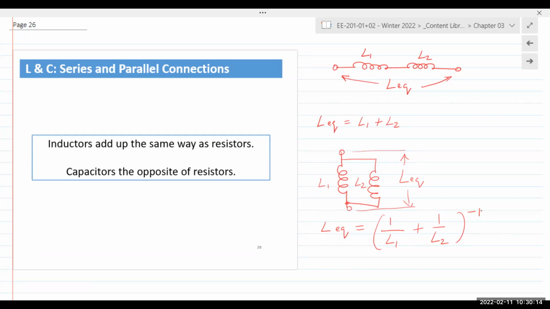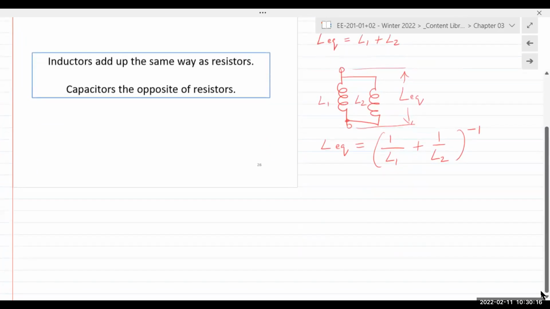All right, capacitors, the exact opposite. So if you have C1 and C2 in series and you want to find CEQ, well, CEQ is given by the reciprocal of 1 over C1 plus 1 over C2.